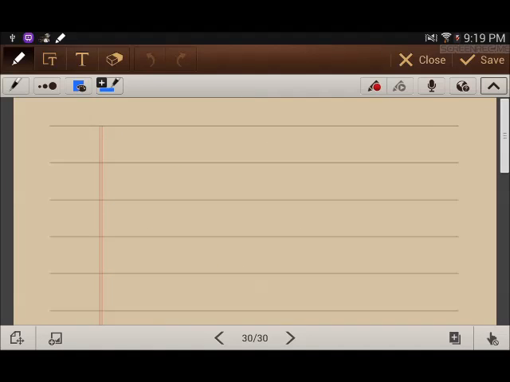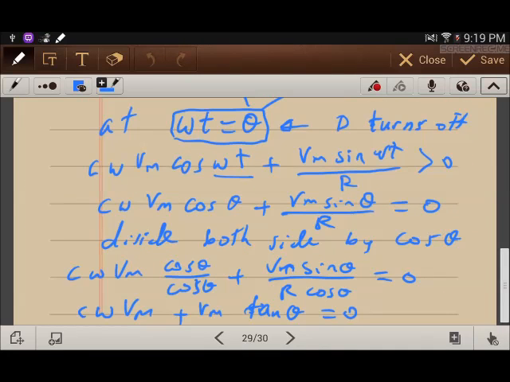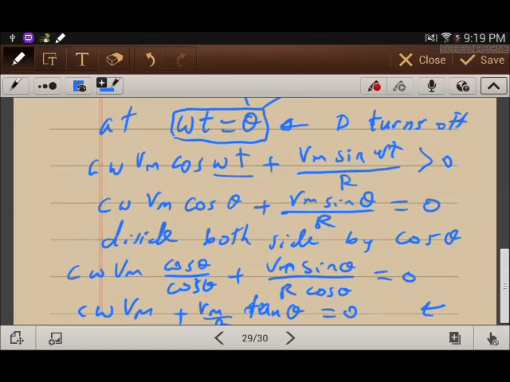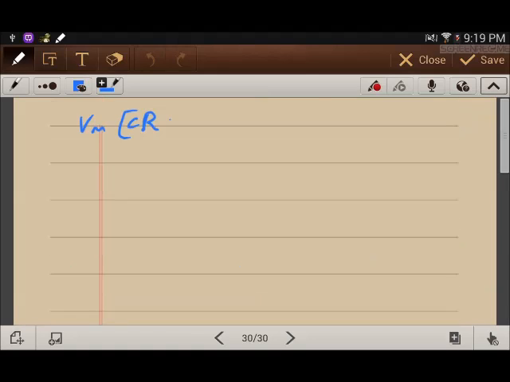Finally we take the V maximum common factor. I forgot to put over R here, so we multiply both sides by R and take Vm as a common factor, so we will get V maximum times C R omega plus tan theta equal to 0.